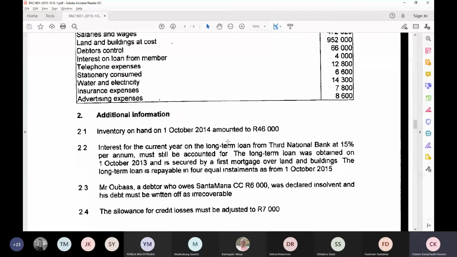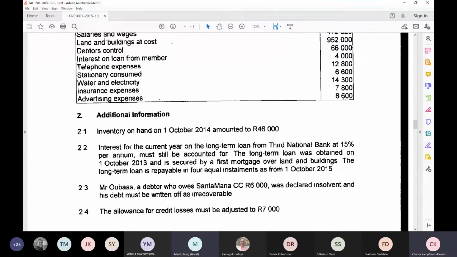So both amounts are still under liabilities. We are just showing the users of the financial statements that this portion is only payable after 12 months and this portion is payable within 12 months, because that tells the users what cash constraints there might be in the next 12 months. Okay, all right.